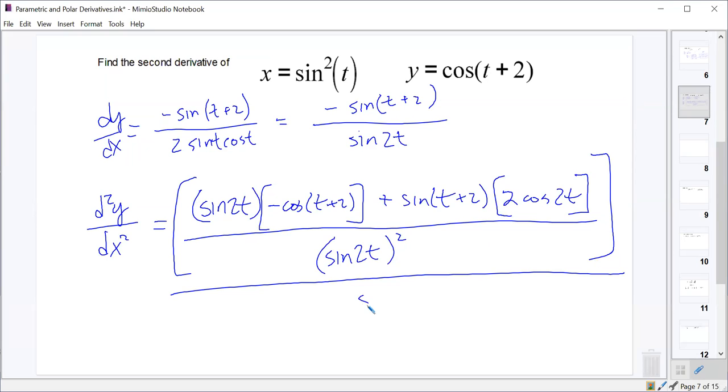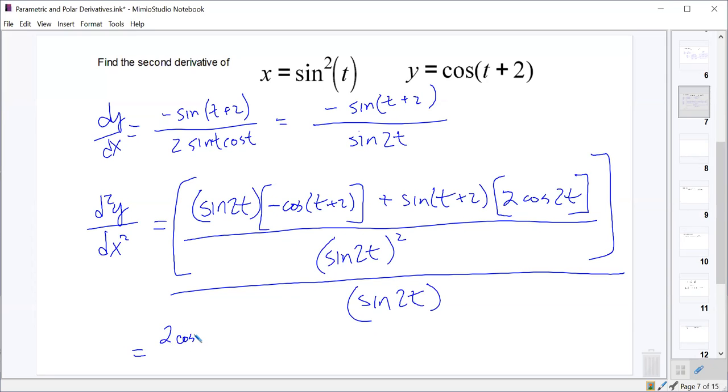And what was dx dt? It was another sine of 2t. And so what can we end up doing with this? We should be able to turn the denominator into a sine cubed of 2t. And what does our final answer look like?